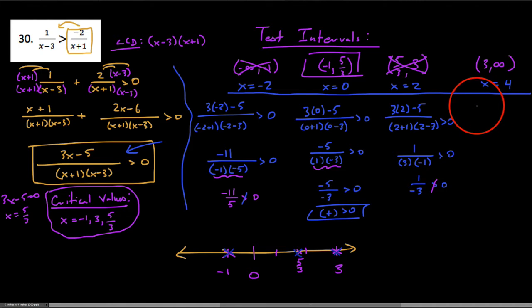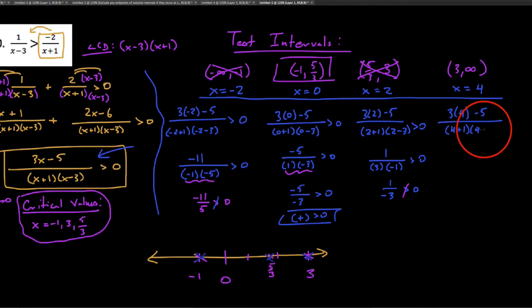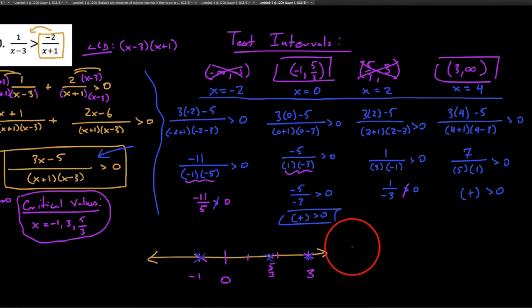And then testing 4, we'd say 3 times 4 minus 5, all over 4 plus 1, 4 minus 3. Let's see if this is greater than 0. We get 12 minus 5 on top, so 7. And on the bottom here, I get a positive 5 times a positive 1. So we're taking positives divided by positives. I know that I get a positive, and a positive is greater than 0. So again, I'm going to accept this as one of my solution intervals here.